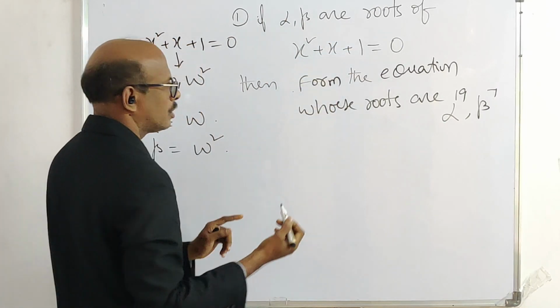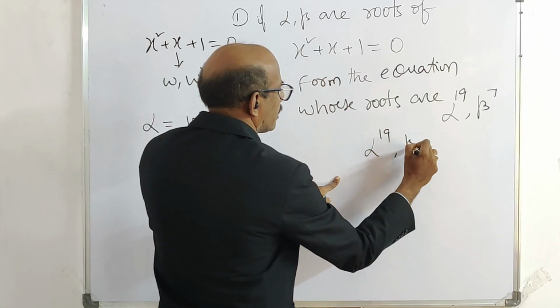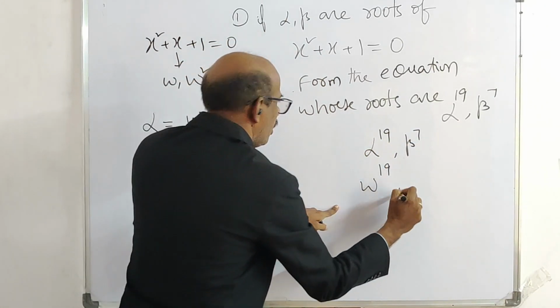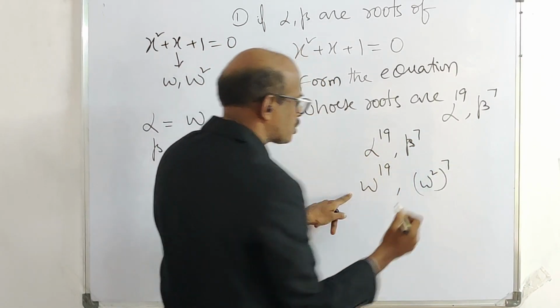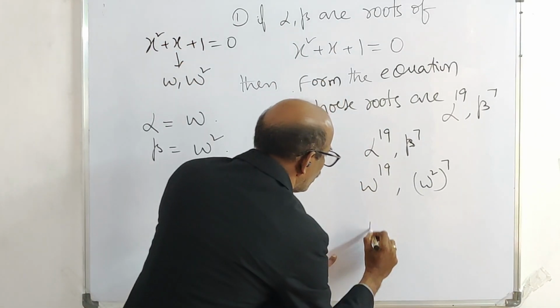So these are the roots. We want the equation with new roots like this, so replace alpha with omega and beta with omega square. First you have to simplify, then we get the formation of the equation.